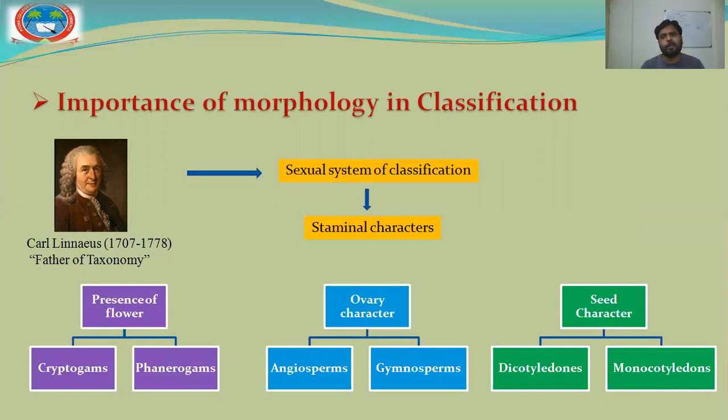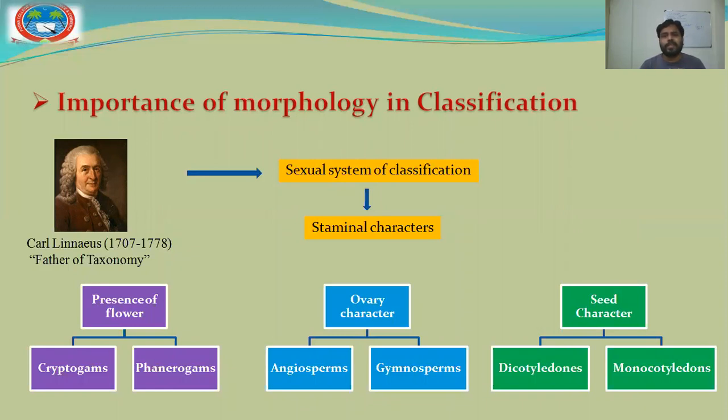It is because he divided the plants into 24 classes, and in his classification he considered only one character, that is the staminal characters. Whatever characters are shown by a single stamen, he considered and divided the plants into the 24 classes.